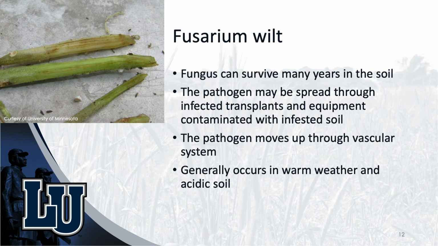Also, this pathogen survives for a longer duration in the soil. So once you find that in your system or facility or in the field, you have to rotate with other non-susceptible crops.